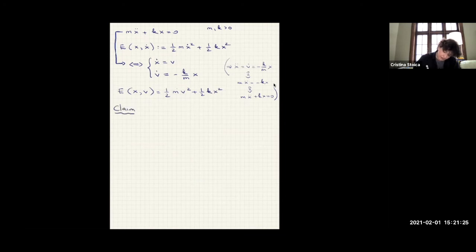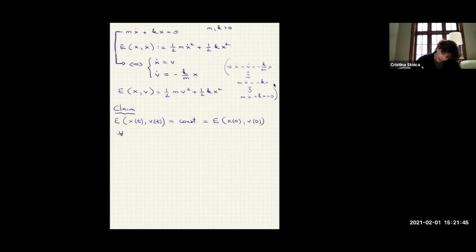The energy along any path x of t and any velocity v of t is constant and equals the energy given by taking this path and velocity at time 0.